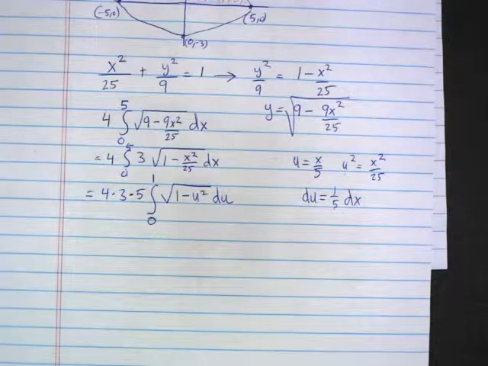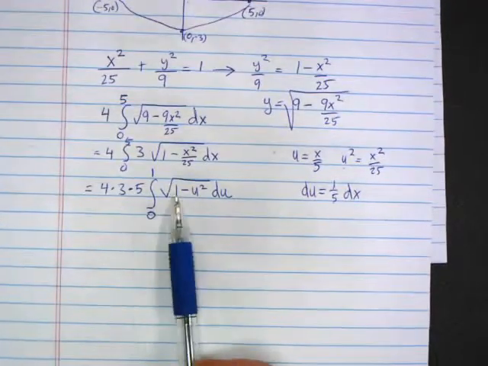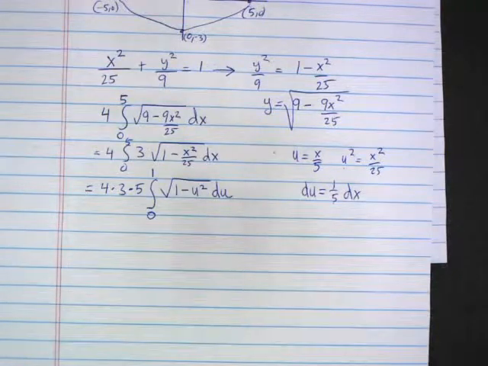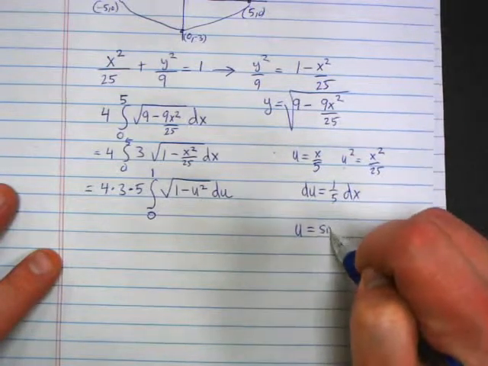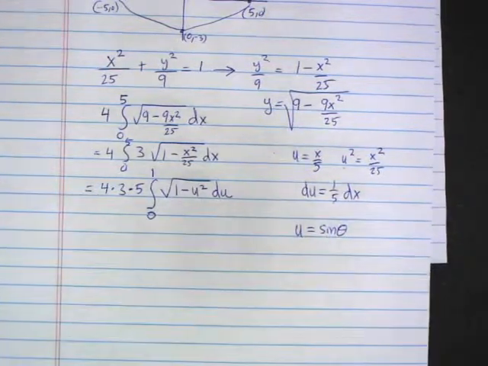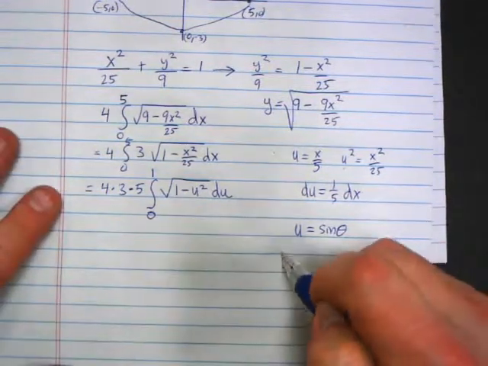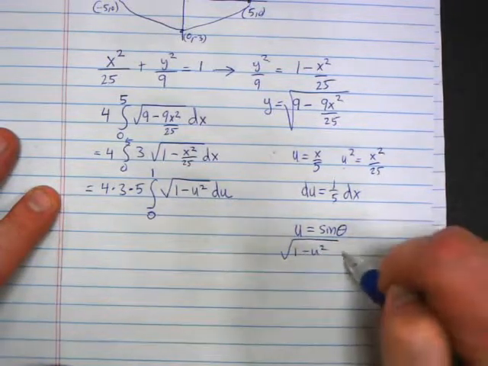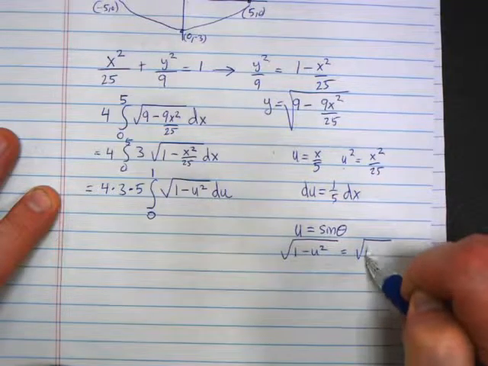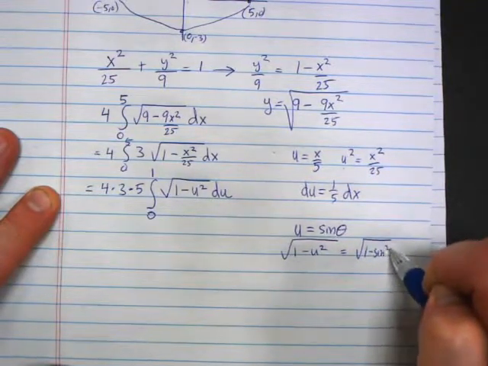What was our substitution when we had a minus something squared? A sine theta. So u is going to be just sine theta, because a is the number 1. Which is going to give us the square root of 1 minus u squared is going to be the square root of 1 minus sine squared theta.